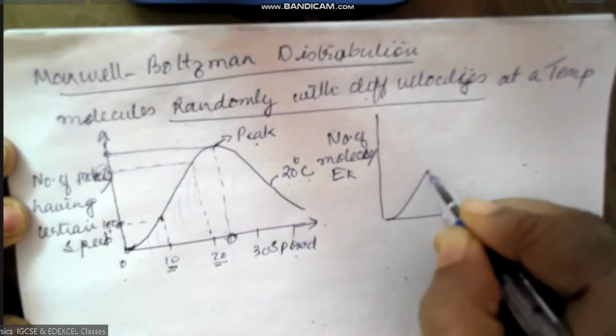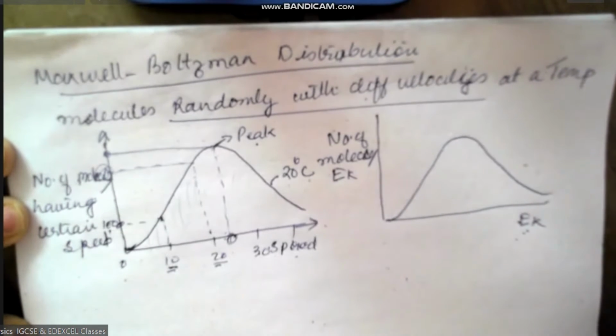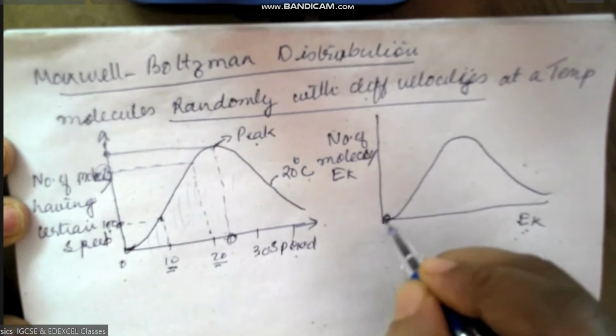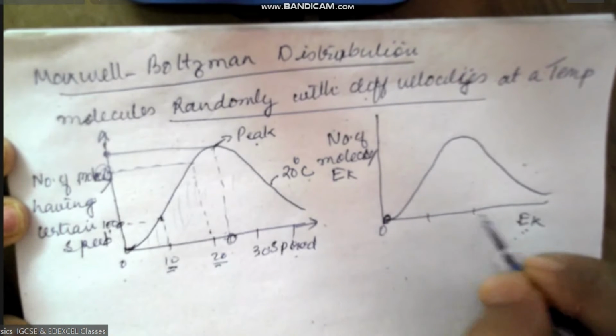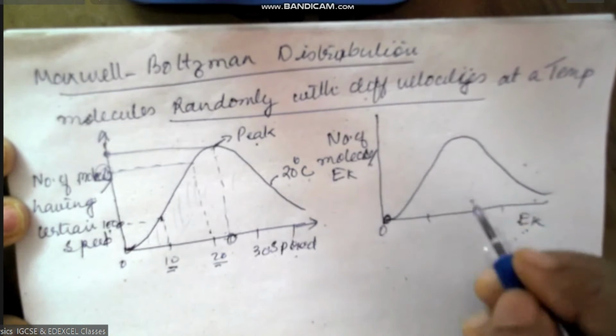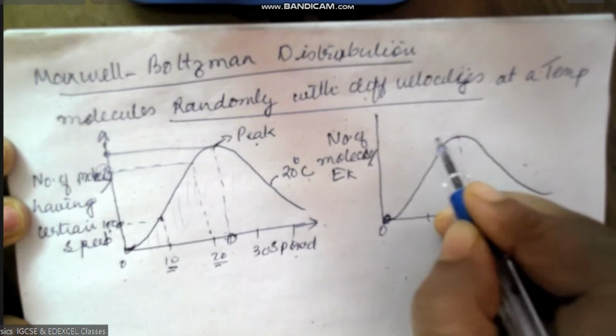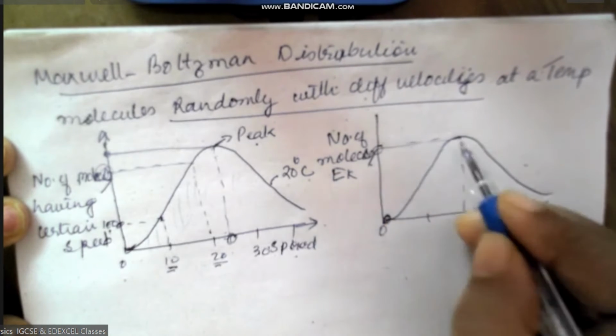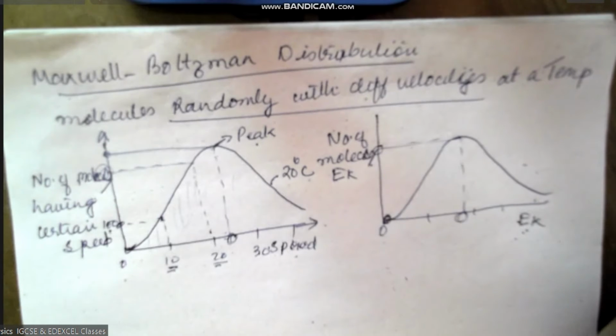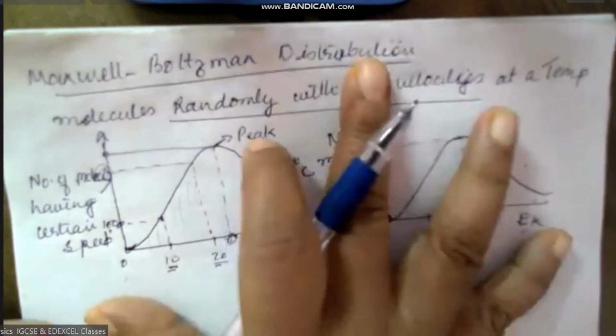Understood? So this is called Maxwell's distribution. This graph shows it at a particular temperature. Let's take it as room temperature, say 20 degrees Celsius. At 20 degrees Celsius, these are the ranges of speeds they have.